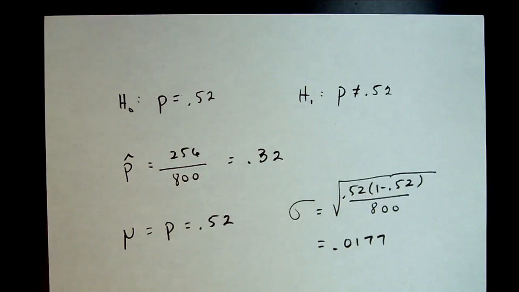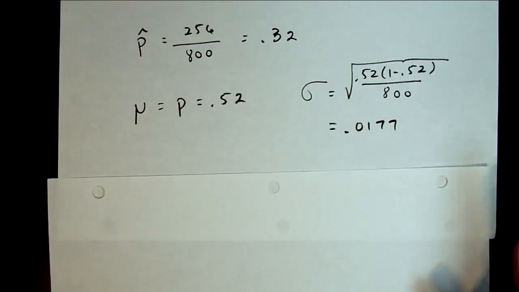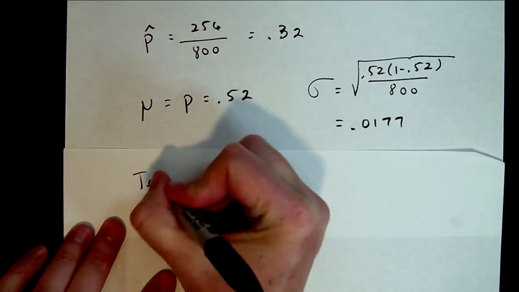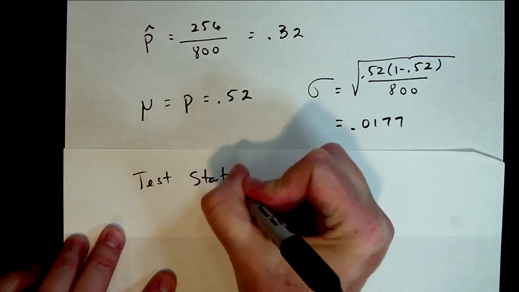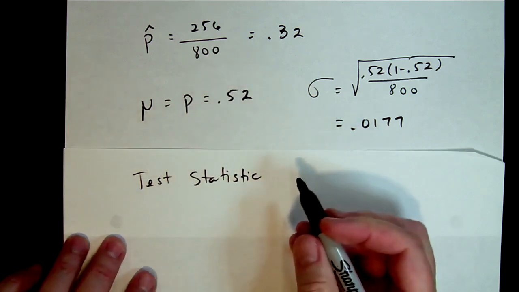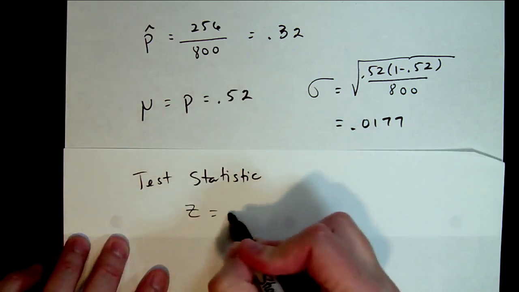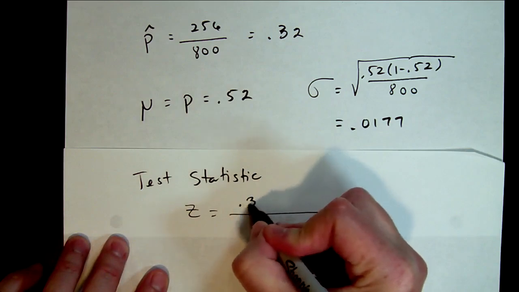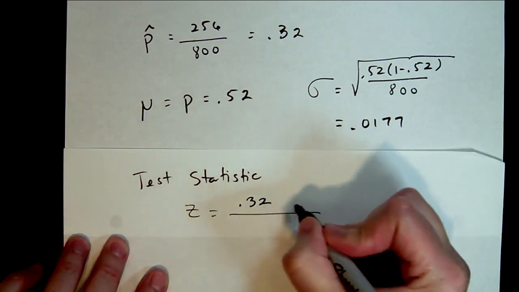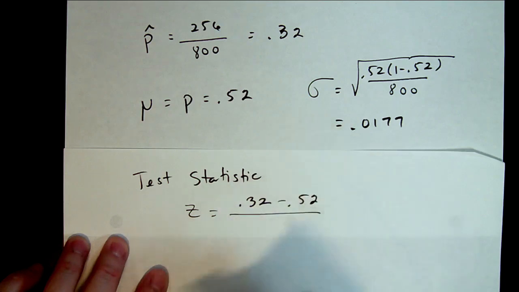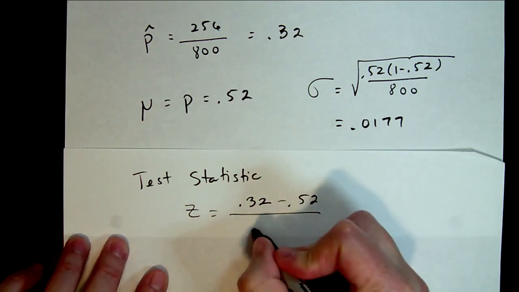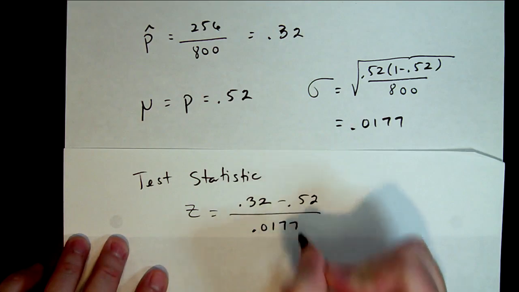Okay, so that allows us to compute our test statistic, which is z. So 0.32, our point estimate, minus the mean, 0.52, divided by the standard deviation, sigma.